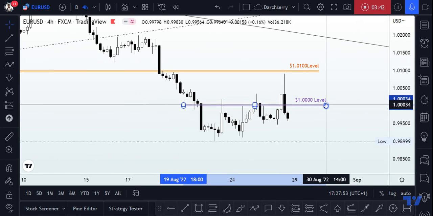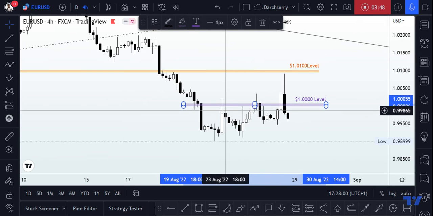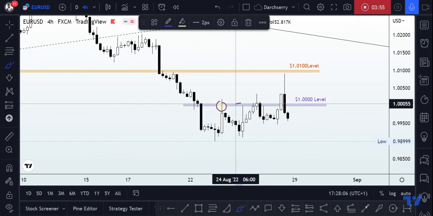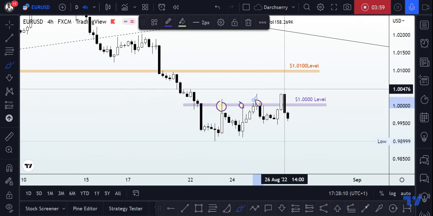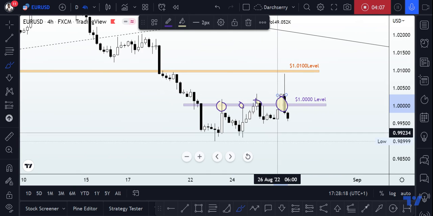Right now, what I did first here was to identify the $1 mark, which has been a major significant level. We can see how participants in this market have sold at the $1 level. They sold here. Though we saw a sharp move to the upside during the Powell speech, price later closed below the 1.0 level again one more time.